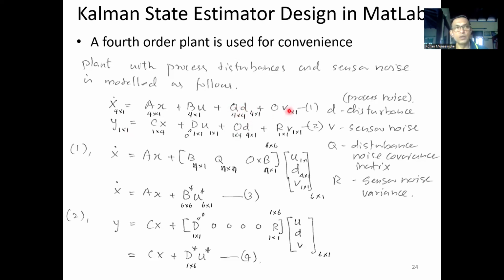And also the sensor noise is not part of the state dynamics, so it is 0 times V. But the sensor noise is very much a part of the output equation, so therefore you have R times V. So this is very clear to you, except for this 0 times V in the first equation and 0 times D in the second equation.